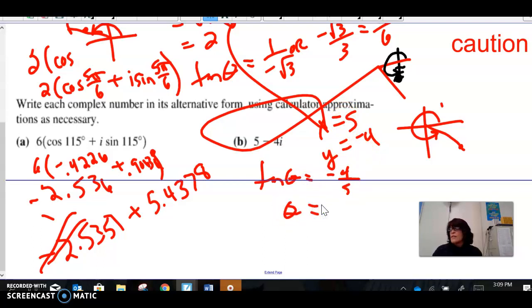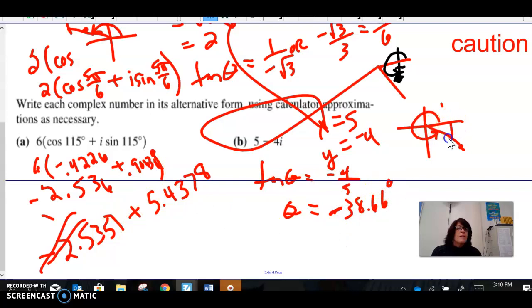When I do inverse tan of negative 4/5, I guess I'll stay in degrees. Inverse tan of negative 4/5, I get negative 38.659. I'm going to do negative 38.66. I think when you're in degrees, they said to round to 2 decimal places.